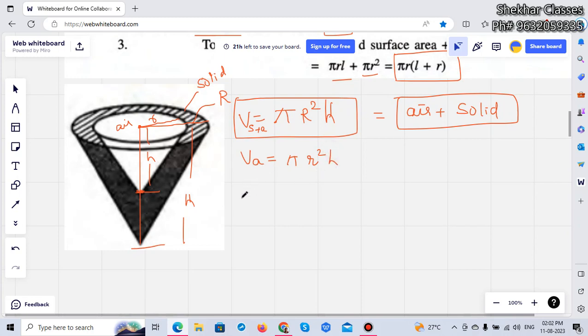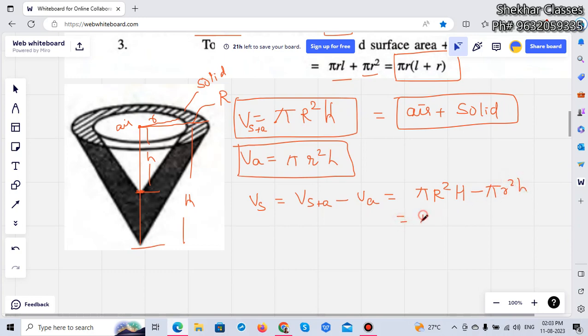Now volume of air. If I subtract from this, what will I get? Volume of the wood. So the volume of wood, or solid, will be equal to volume of solid plus air minus volume of air, and that is equal to pi capital R square capital H minus pi small r square small h.